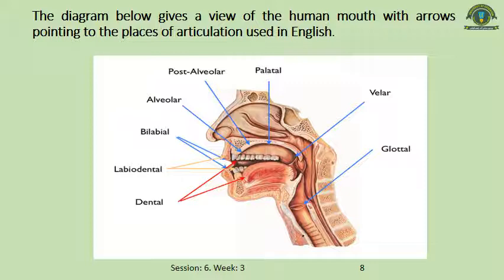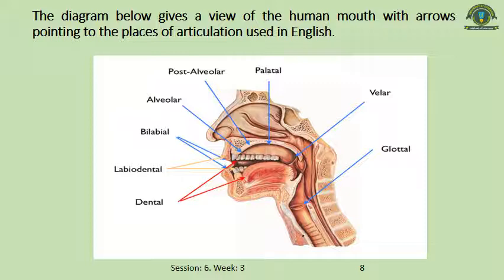Then is the labiodental area, then bilabial, then alveolar, then post-alveolar. Of course, alveolar and post-alveolar are one and the same, but I'm talking about the area. Palatal, velar, and glottal.